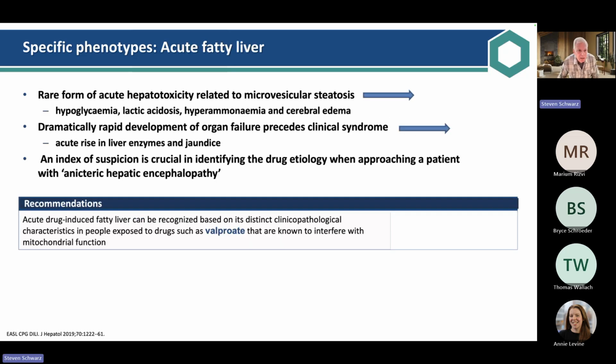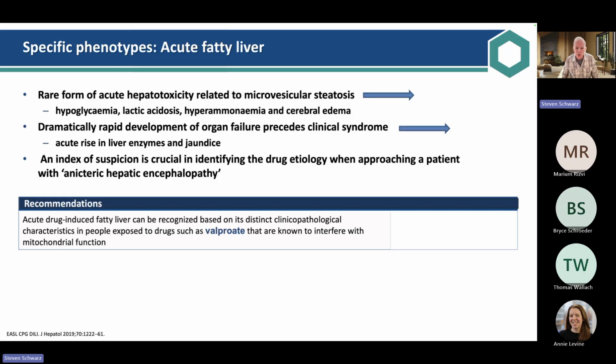So there are specific phenotypes that cause acute fatty liver. In those cases, as you might suspect, these are drugs which cause injury by interfering with mitochondrial function.